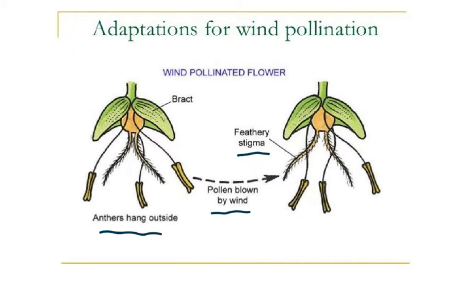And the stigma is feathery so as to increase the surface area, so that when the pollen is being carried by wind, maybe one or two pollen hit these feathery stigmas, and that is able to result in fertilization and seed formation. So feathery stigmas, pollen blown by wind, anthers hanging outside.